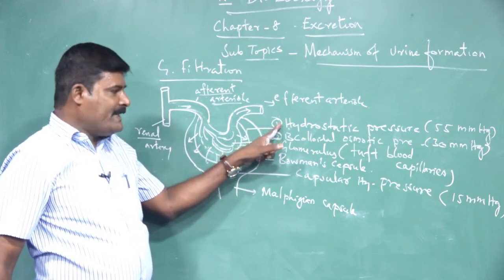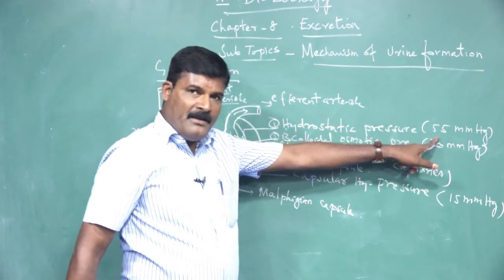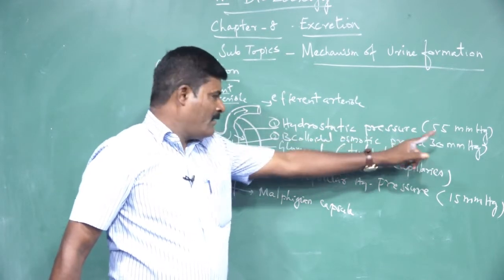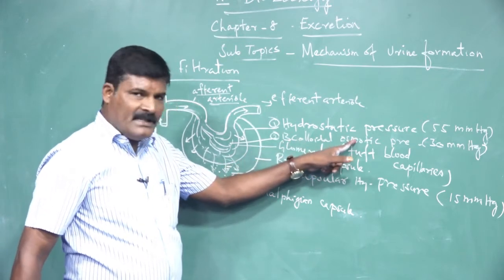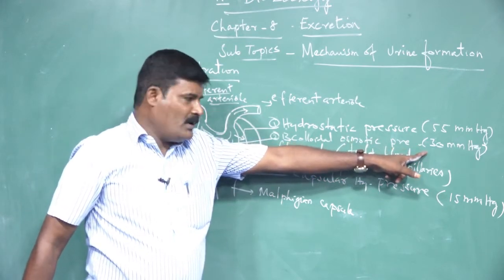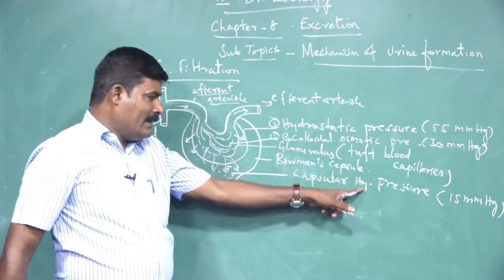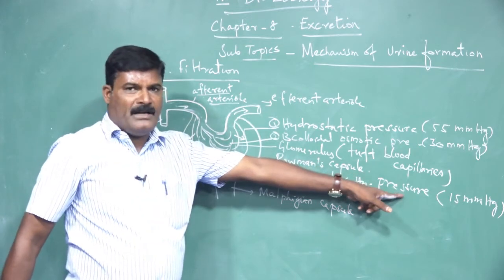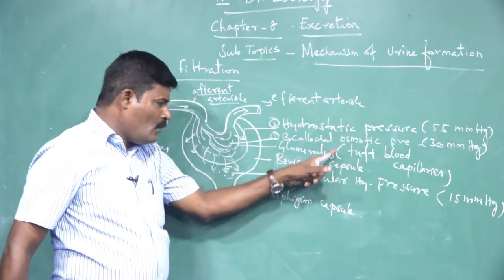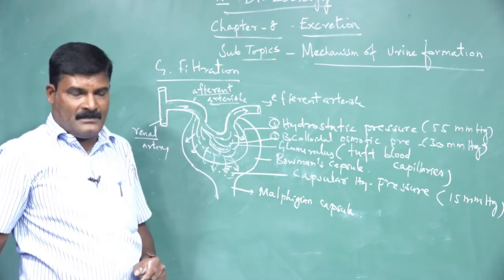Hydrostatic pressure is always greater than opposing pressure. Hydrostatic pressure is 55 mmHg. The opposing pressure, blood colloidal osmotic pressure, is about 30 millimeters of mercury. The other, capsular hydrostatic pressure, is 15 millimeters of mercury.